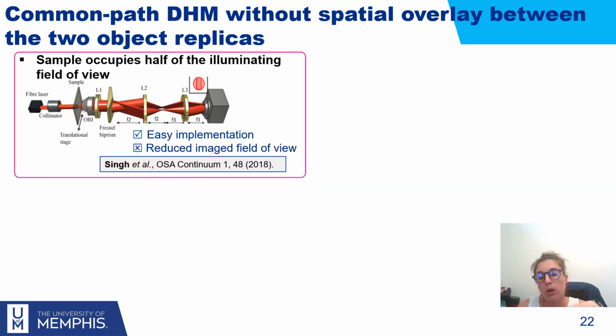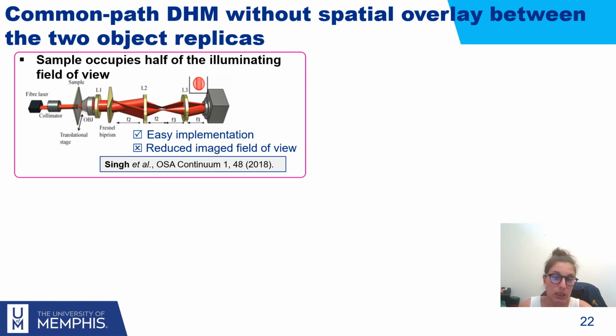So we don't want to have that overlay. How can we create a common path digital holographic system without an overlay while still being compact? Because we still want to have a system that is compact. The first way to do it is: all right, I'm not going to do anything.